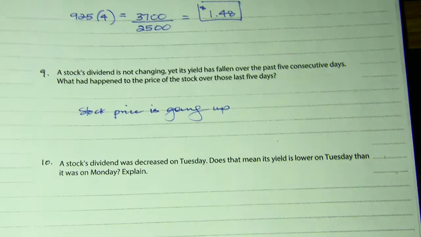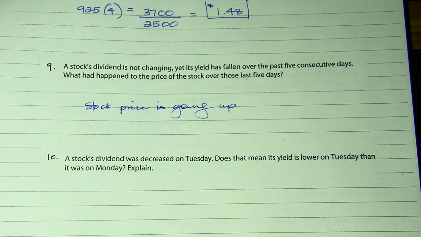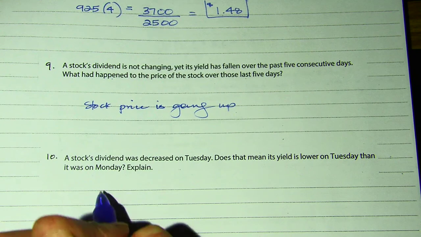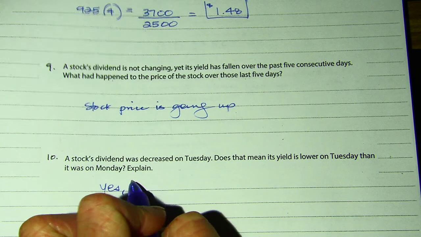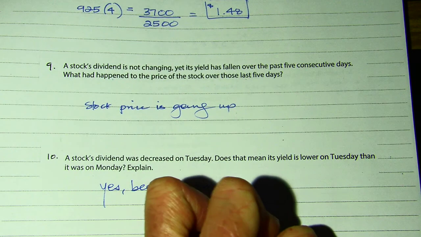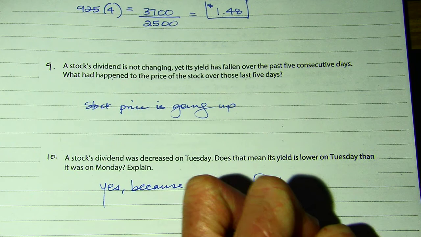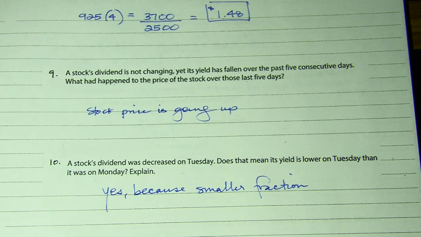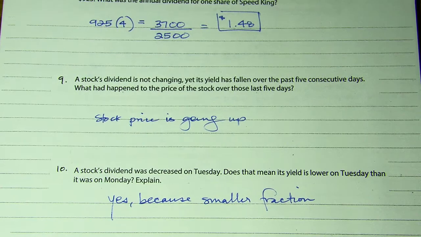If you get asked a stock's dividend was decreased, does that mean its yield is lower on Tuesday than it was on Monday? Yes, because you have a smaller fraction, which will give you a smaller percentage. And that pretty much covers what is on your homework.